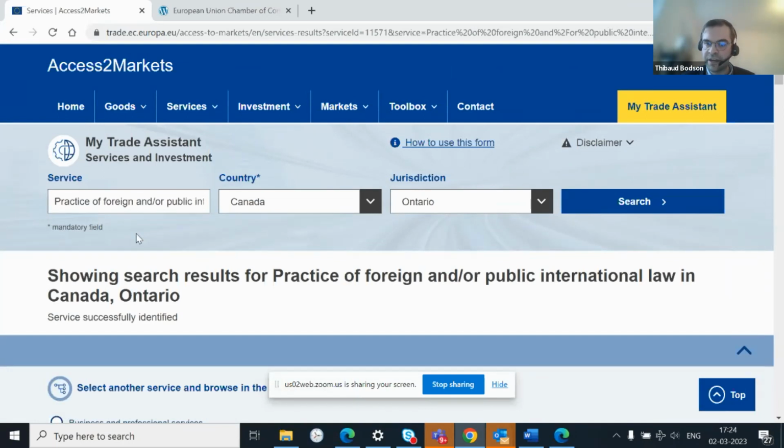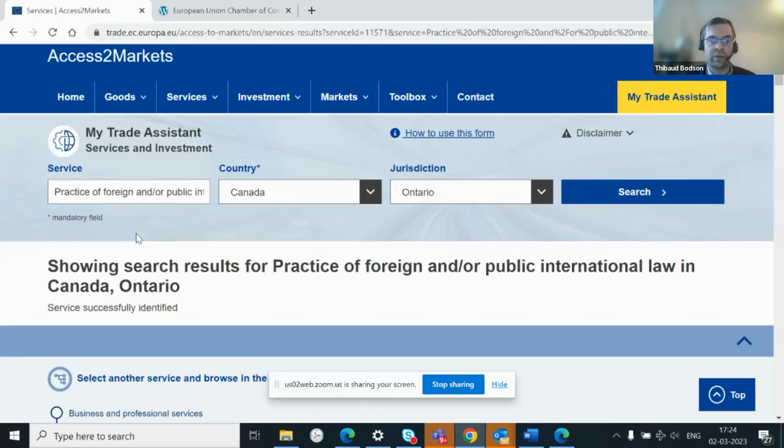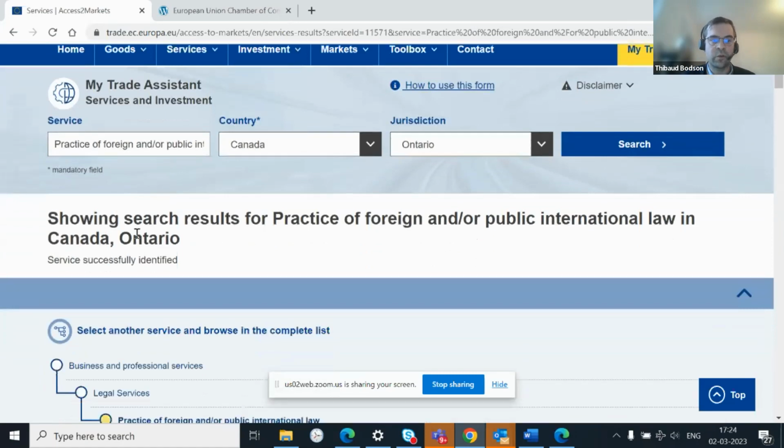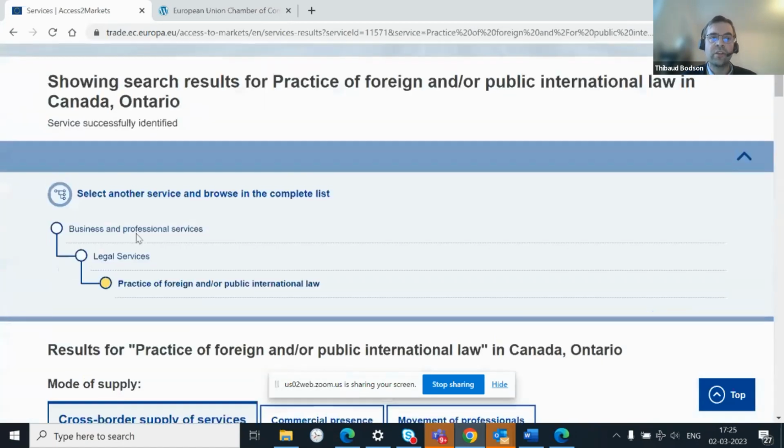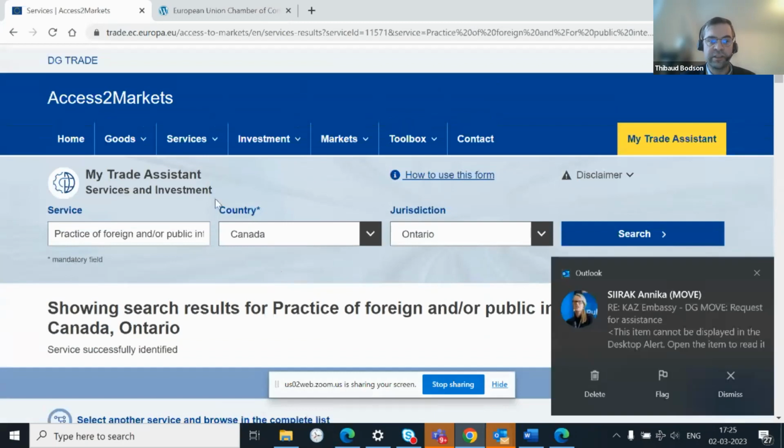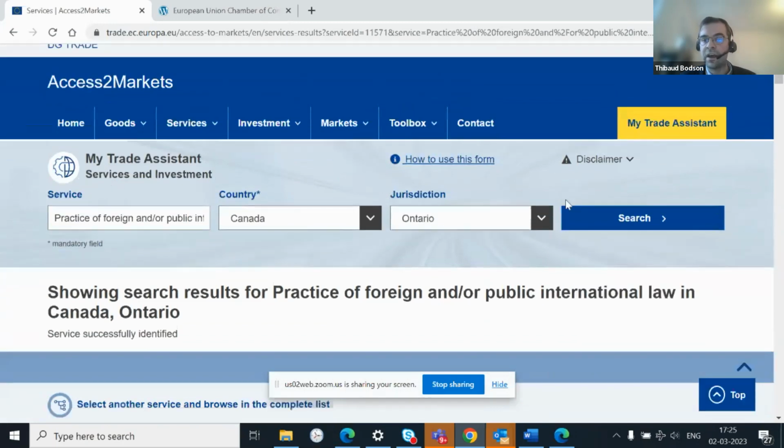So I very much invite you to consult this tool several times over the year to see whether the services which your company might be supplying are already included on the tool. That's the first takeaway. And then the second one is that the search for information is relatively straightforward and user-friendly. So you have to include service, country, and jurisdiction, and then navigate on this basis.